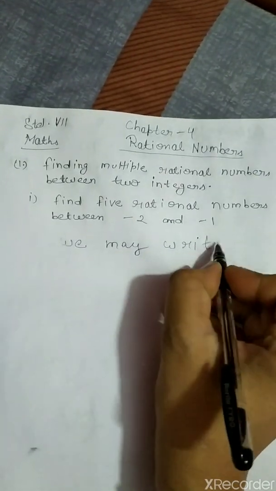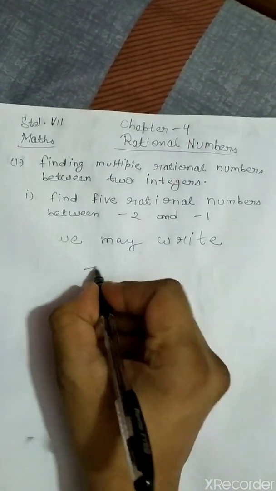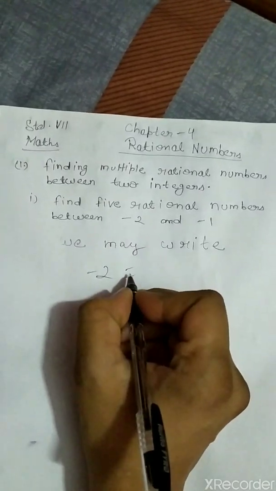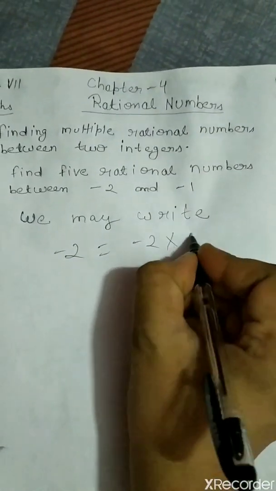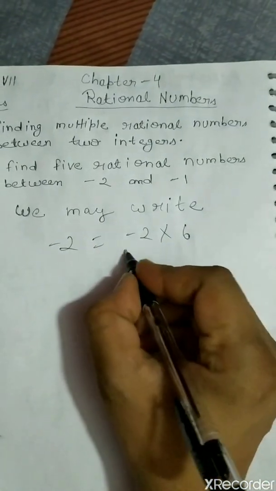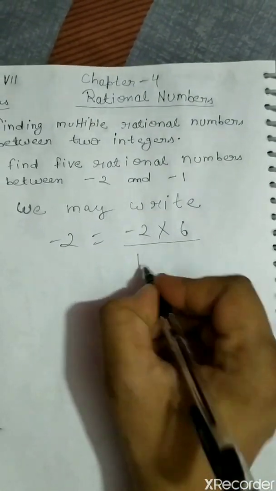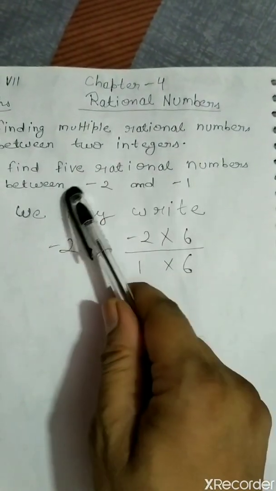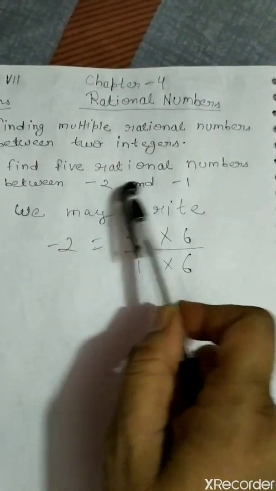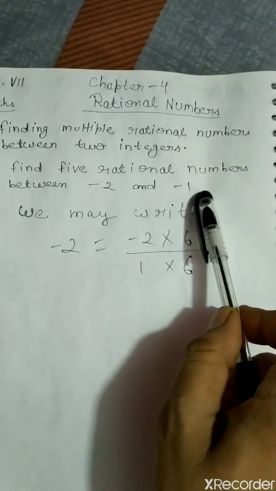In the solution we may write that -2 equals -2 into 6 by 1 into 6. Why am I multiplying with 6? Because you need 5 rational numbers and these two numbers are consecutive integers.